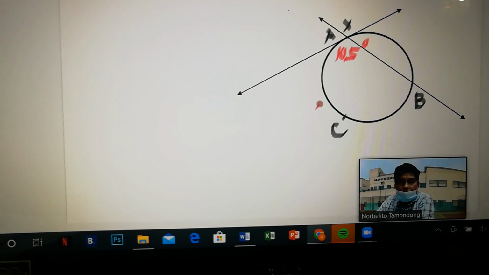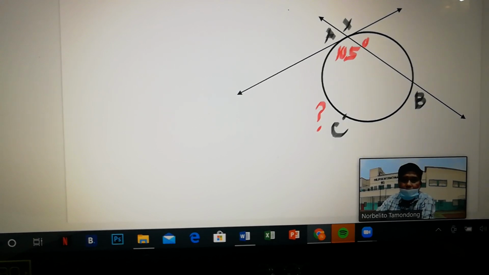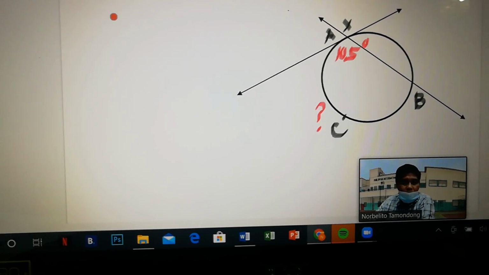Here the missing part is the arc. Always make use of the measure of the angle formed, which is x, equal to 1/2 the measure of the intercepted arc.